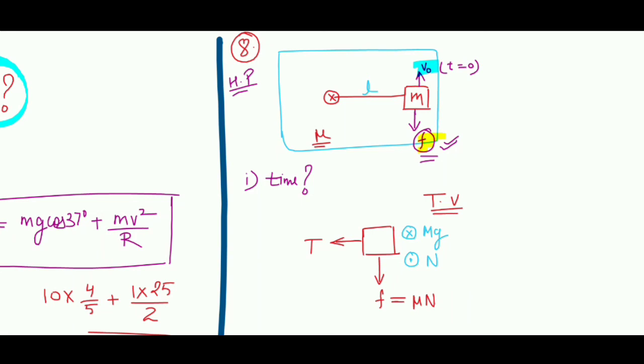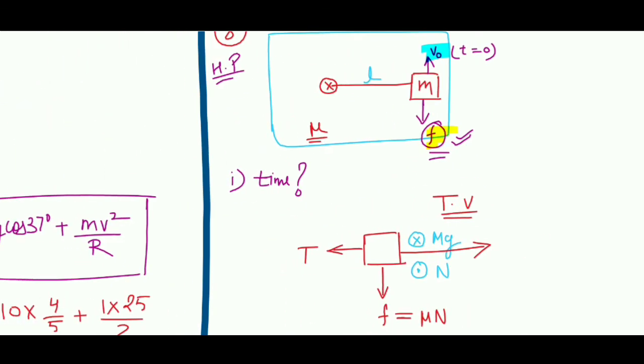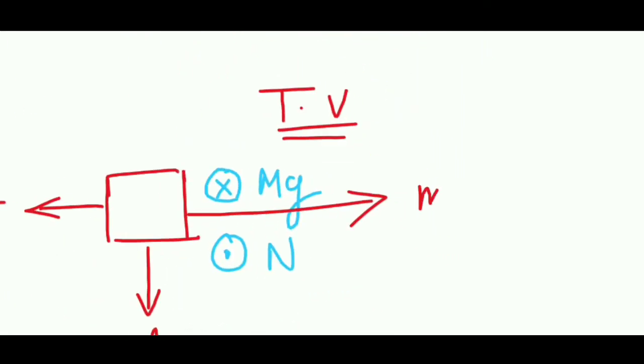So these are the actual forces over here, but let us use a pseudo force as well, the centrifugal force. If I draw the centrifugal force, it will be outward from the center, and the value will be mv square by l.